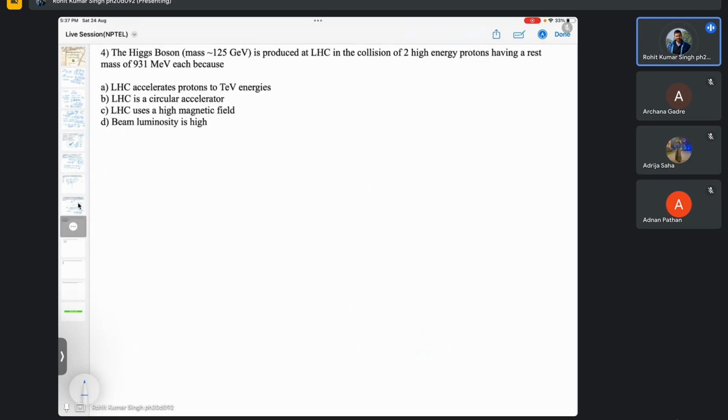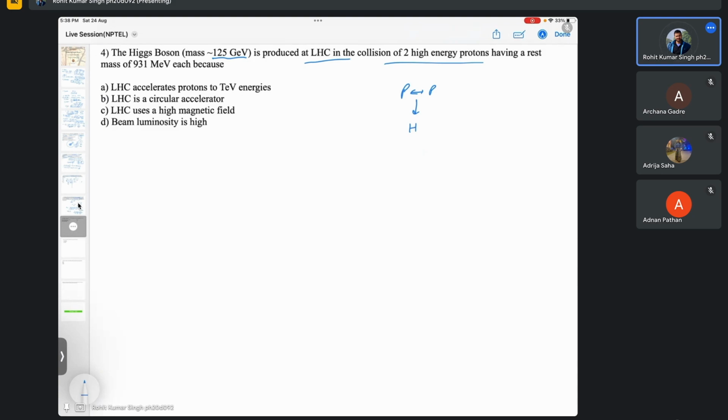Okay, this is a question again on collision. It's a simple one. You all know about the Higgs boson, maybe you have heard about it. It's called the God particle, I don't know why. It has a mass of 125 GeV, and it's produced at the LHC in the collision of two high energy protons.